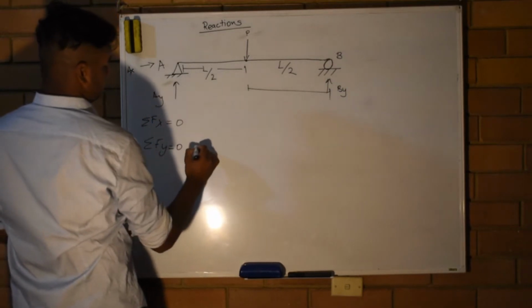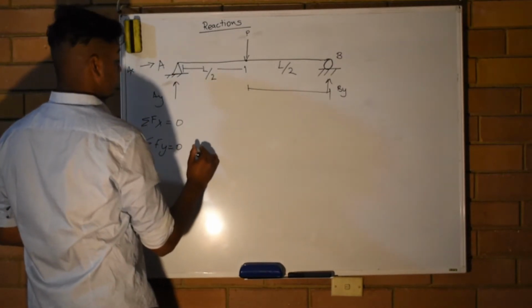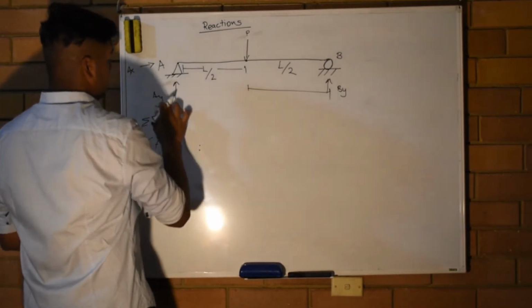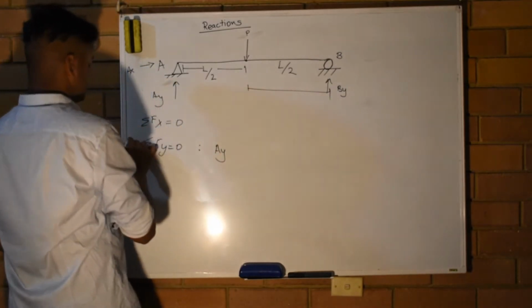the sum has to be 0. So in the Y direction, in equilibrium, I'd say AY, this is my positive sign. The positive sign is upwards.